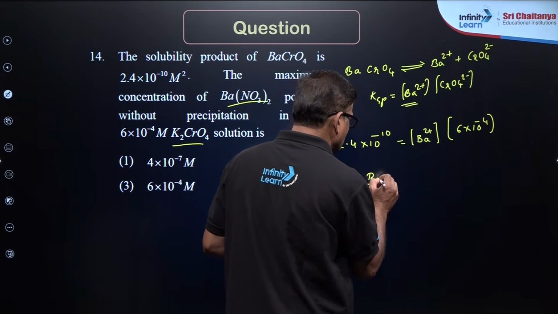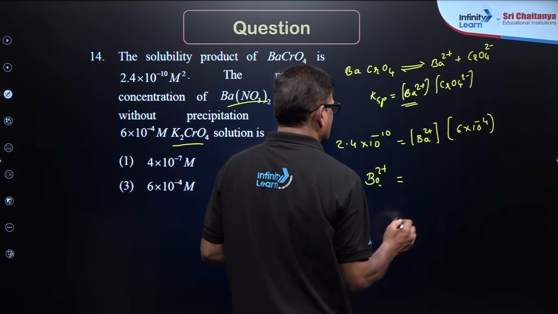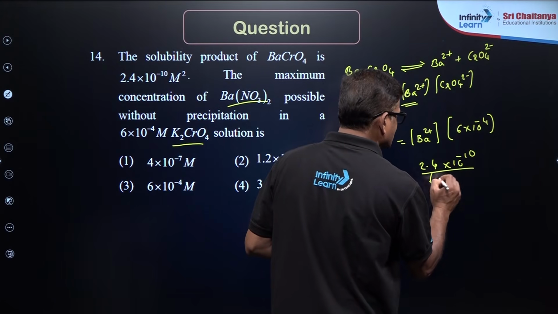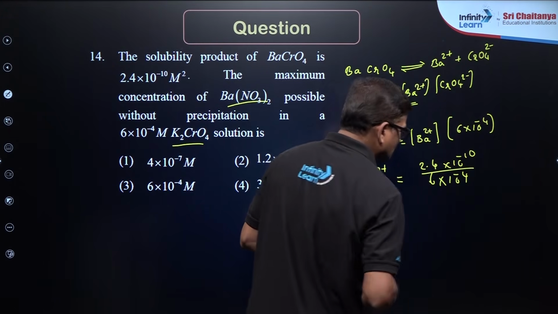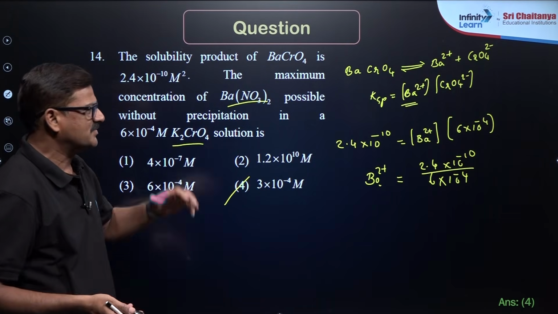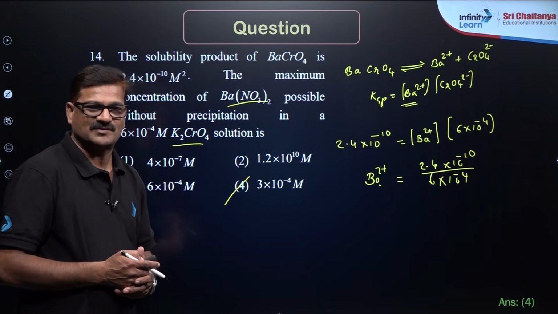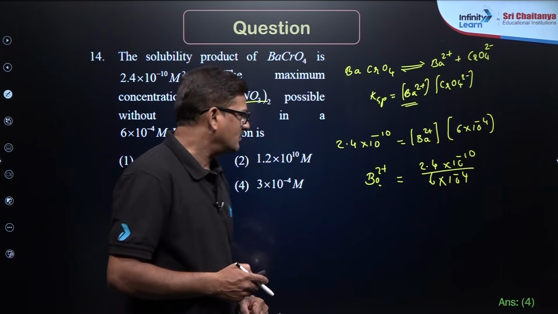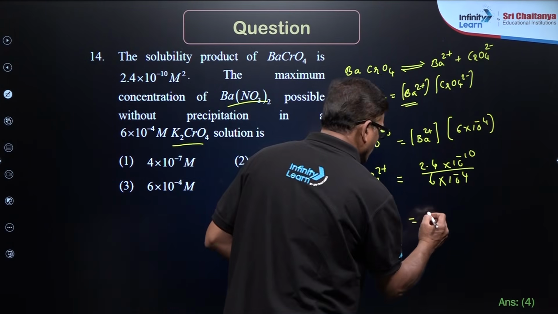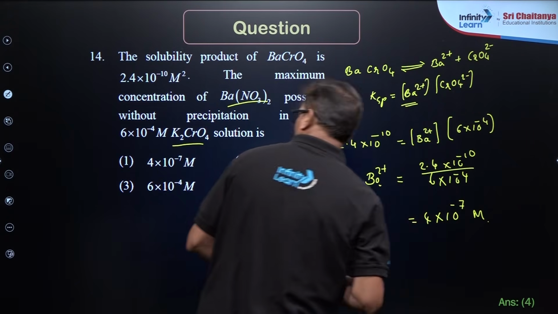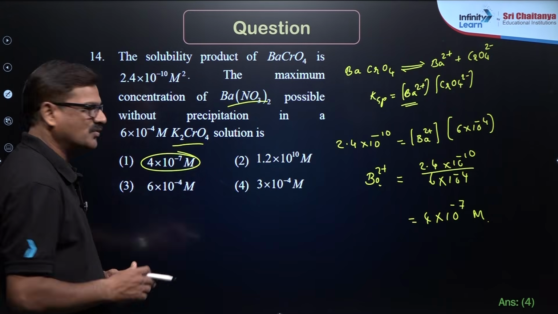On solving, barium 2 plus concentration comes to be 2.4 into 10 raised to negative 10 upon 6 into 10 raised to negative 4. Students, on solving so, you are going to get 4 into 10 raised to minus 7 as the answer for this question. The answer is going to be option 1.